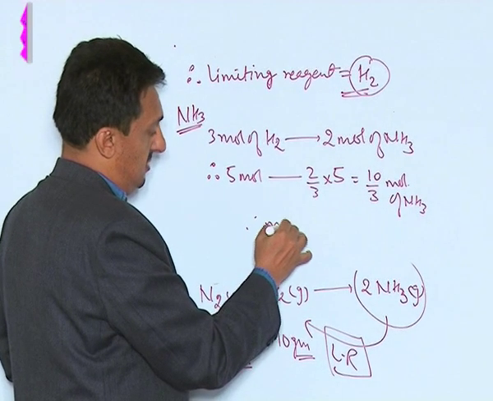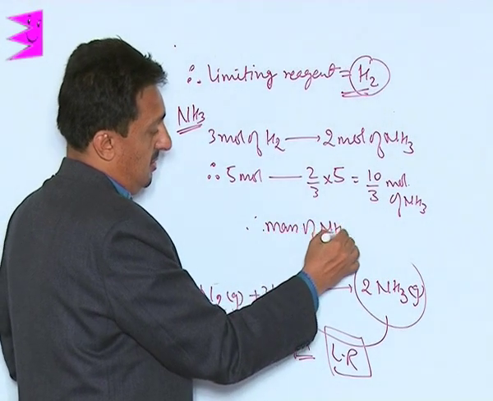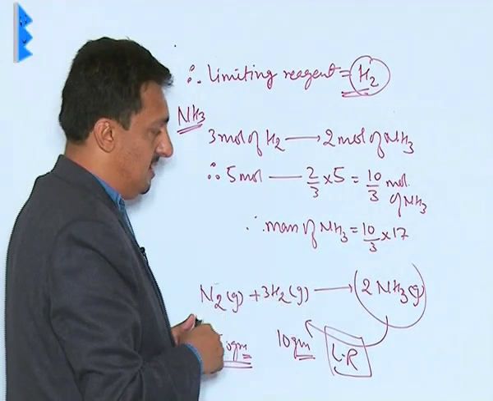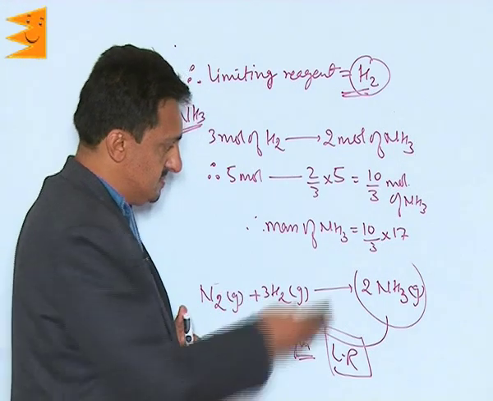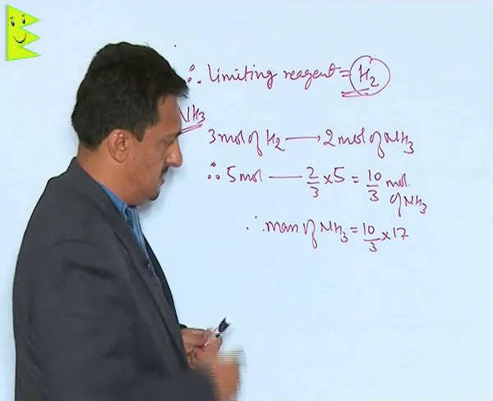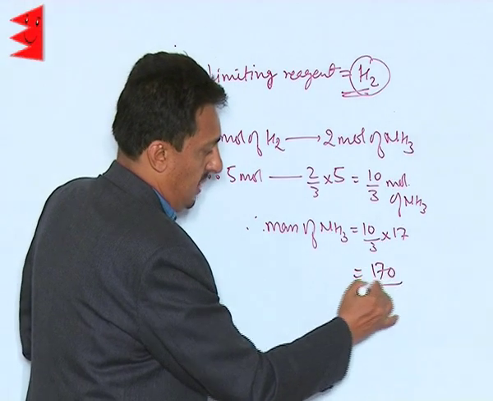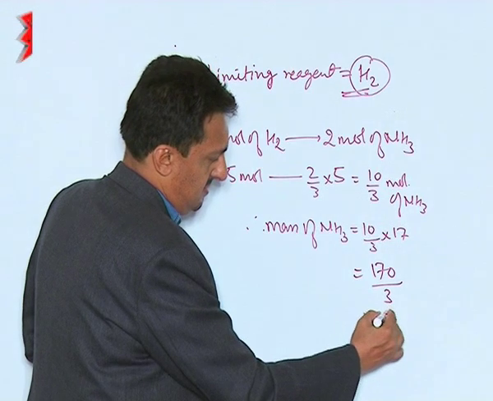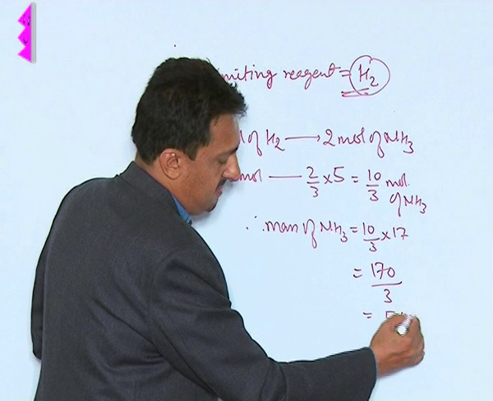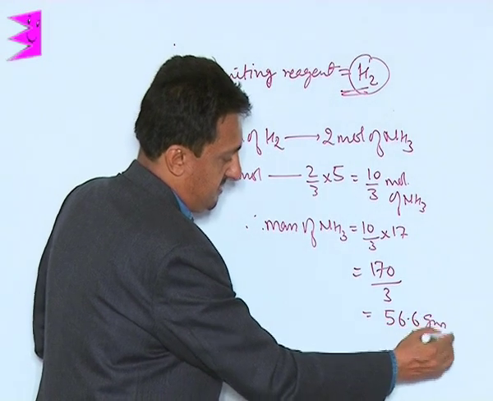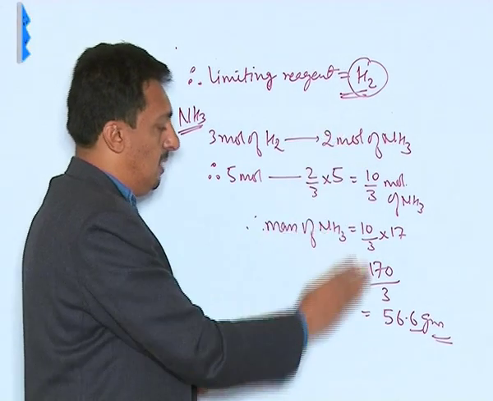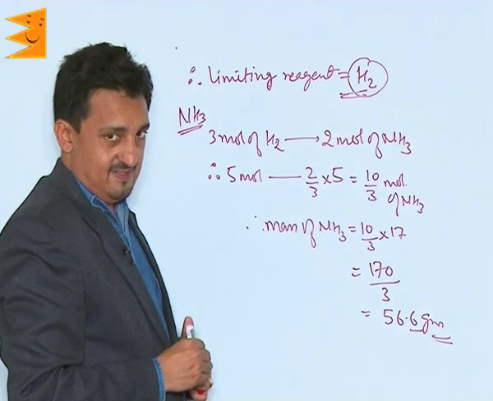So therefore, mass of ammonia is 10 by 3 into 17, which will be 170 by 3, approximately 56.6 grams. So this much is the mass of the ammonia produced in this case.